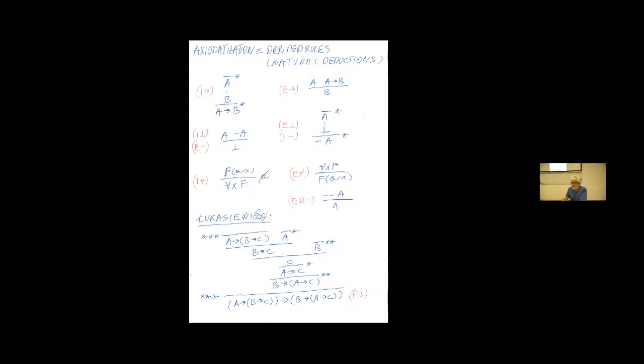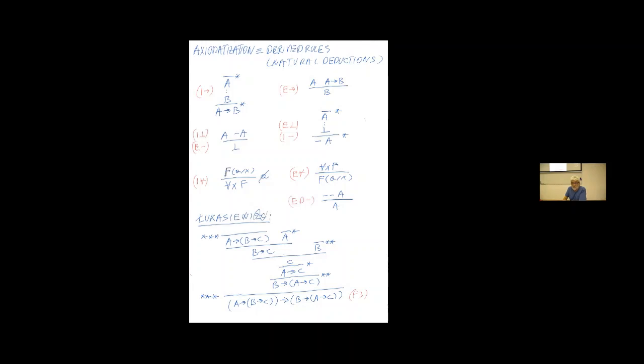Why do I call it a global rule? Because to deduce if A then B, it's not enough to look at the formula before, just at B. You have to look at the whole derivation to see what the assumptions of this derivation of B are, and then you discard this assumption. So you have to have a global view of the whole derivation to apply this rule.